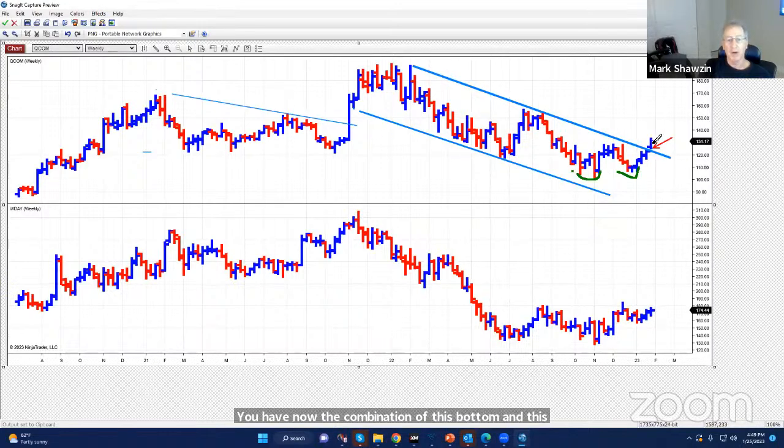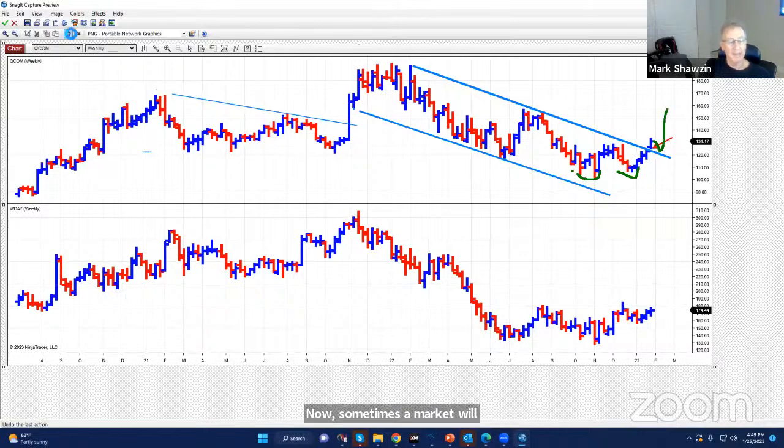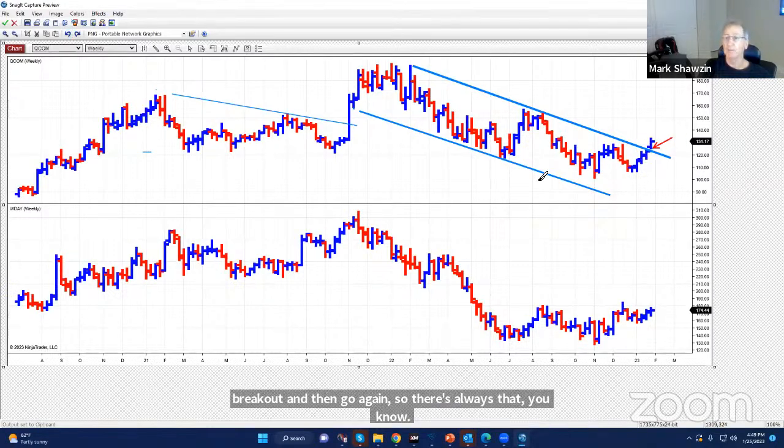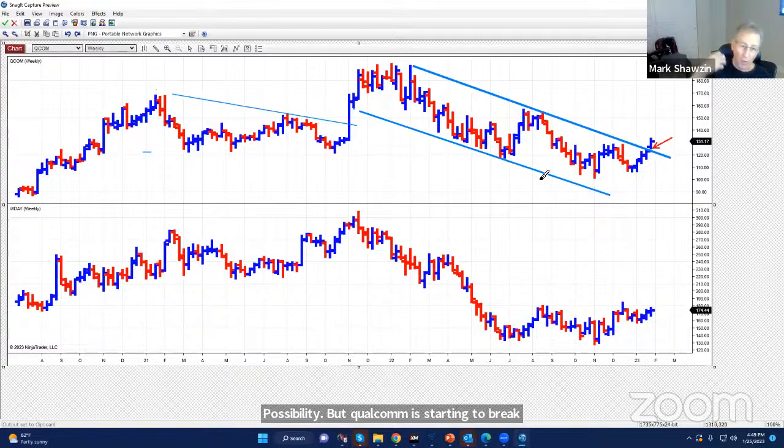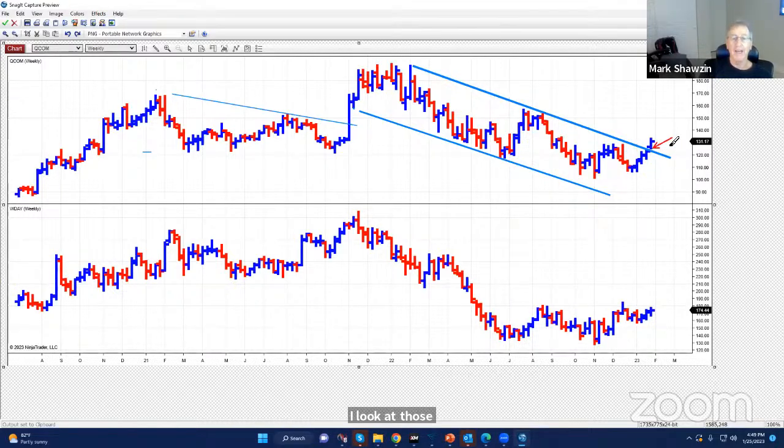Now, sometimes a market will retest an area of a breakout and then go again. So there's always that possibility. But Qualcomm is starting to break out. And so on all pullbacks, when the market pulls back like it did today, I look at those as buying opportunities. So Qualcomm dropped down to the 127.5 area and closed at 131.